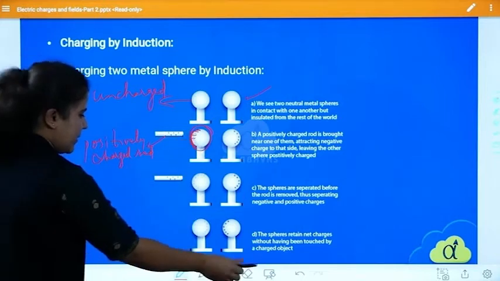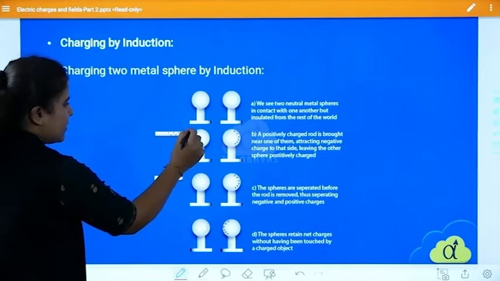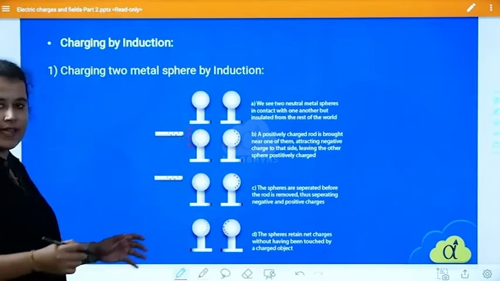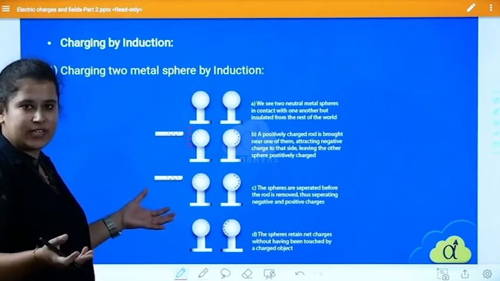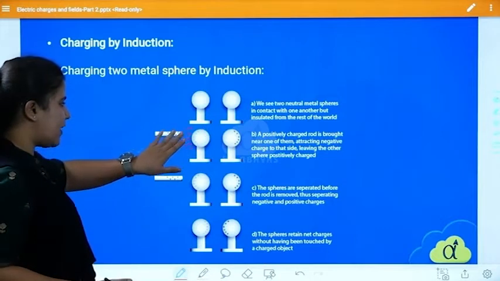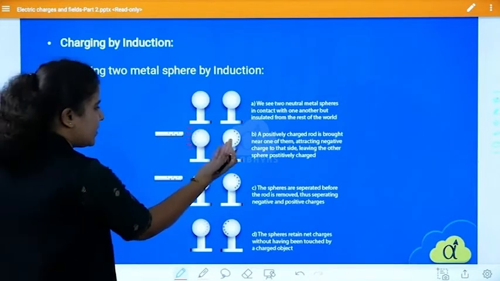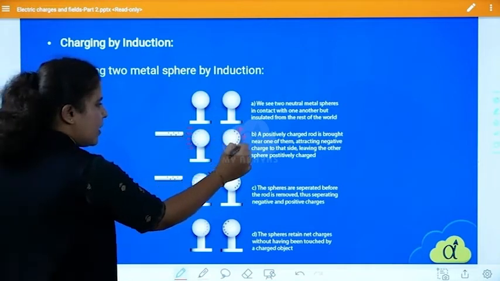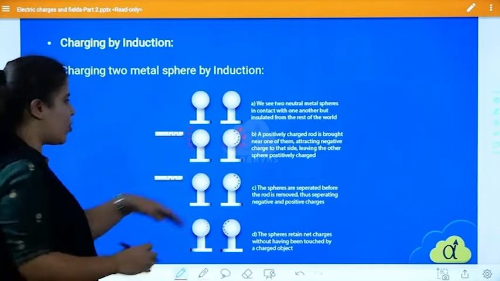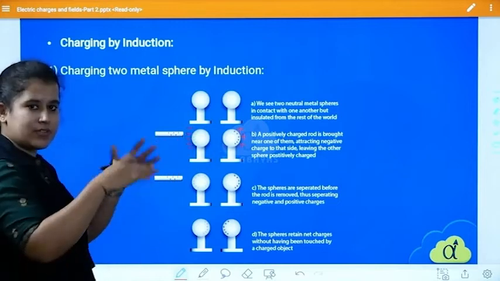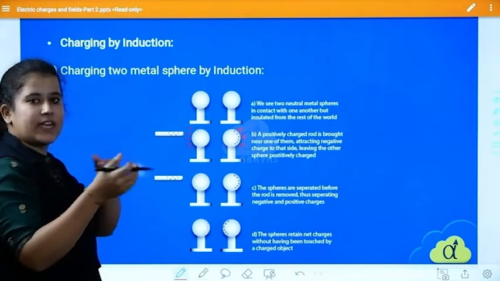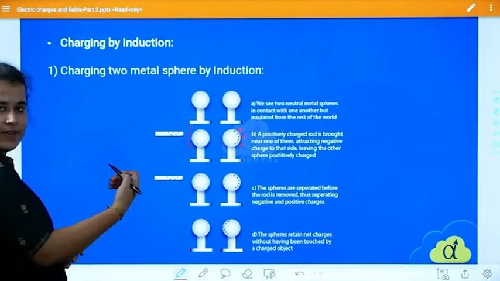This will be negatively charged here, because unlike charges attract each other. As the negative charge comes to one side, what happens to the other? Here you get positive. Why? Because repulsion happens. Positive repels positive, negative attracts. So this is what we are doing here.